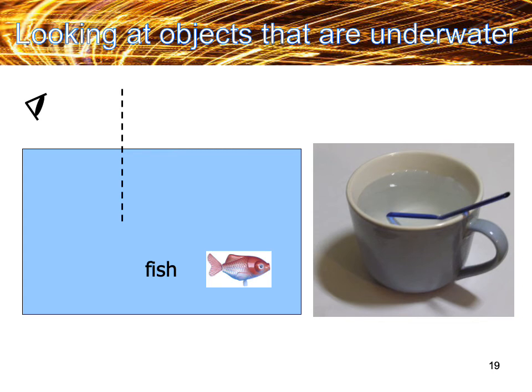So this is why when you see a straw that's inserted in the water, it seems to be bent inside the water. Or if you look at your leg in the pool, your leg seems to be crooked, right? But it's not because your leg is broken.